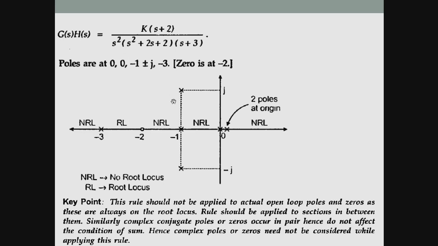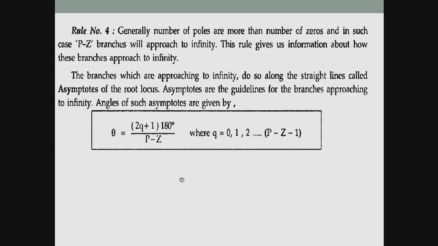Complex conjugates will always occur in pairs, so it will once again be an even value, and there is no need to consider them. Even if you consider them, it is well and good, because nothing much happens to the system. So this is rule number 3.